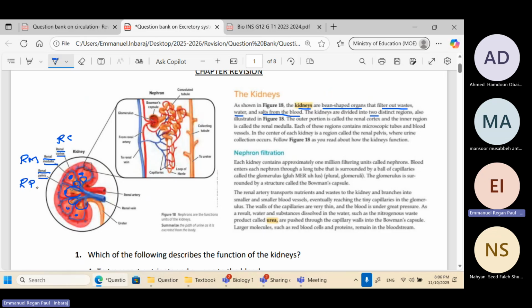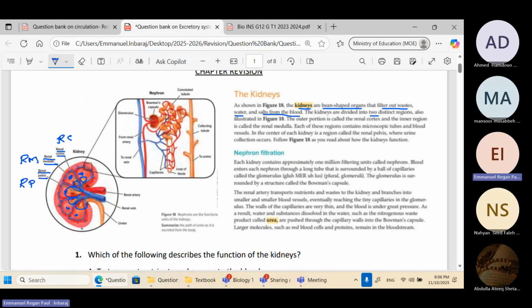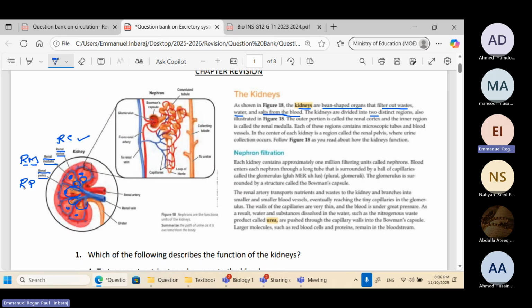See, these are the three parts of the kidney. The outermost layer is the renal cortex, number one. The middle layer is the renal medulla. See, medulla, middle. Remember, medulla is middle. And the inner layer is the renal pelvis. The three layers of the kidney.